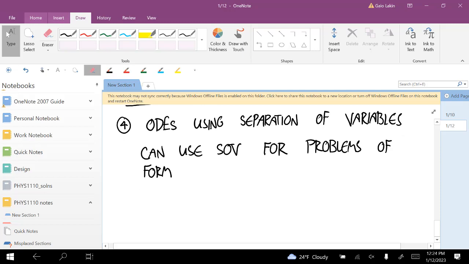Let's write it as D, what am I going to call that function? So let's call that dF/dq. I'm just trying to come up with representative random variable names. And this is equal to a function g of F times a function h of q.